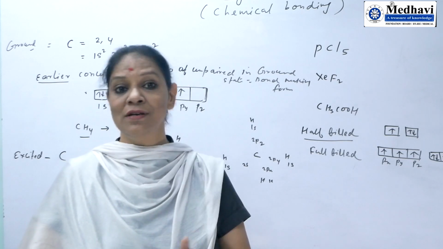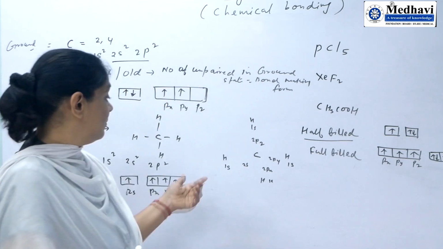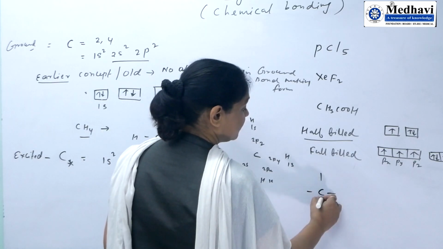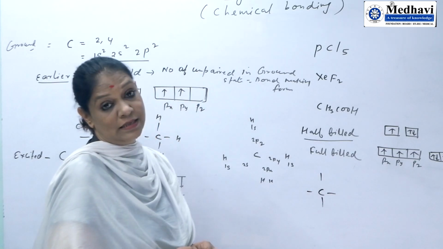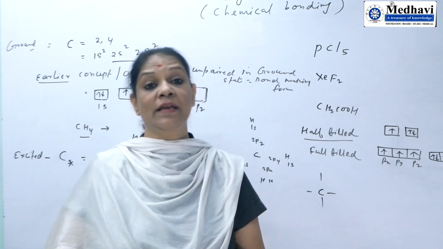So again there is a contradiction, a confusion, because experimentally it is observed that all 4 bond lengths of carbon are the same and the bond angle is 109 degrees 28 minutes.